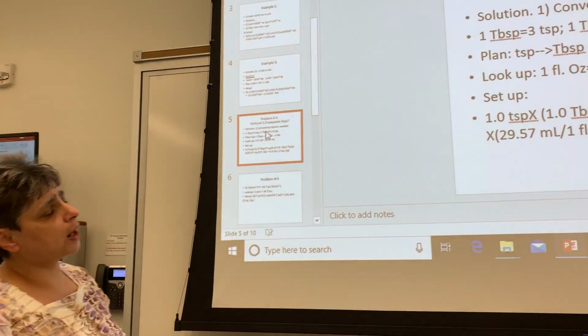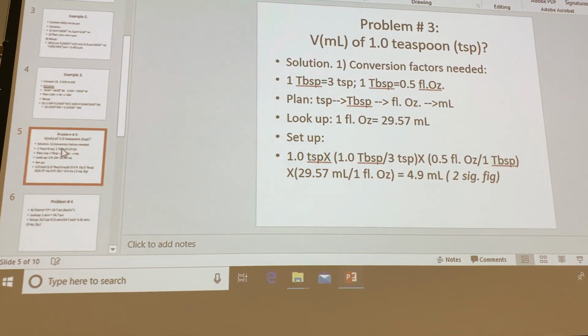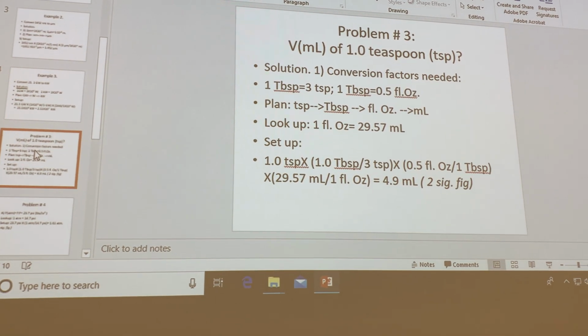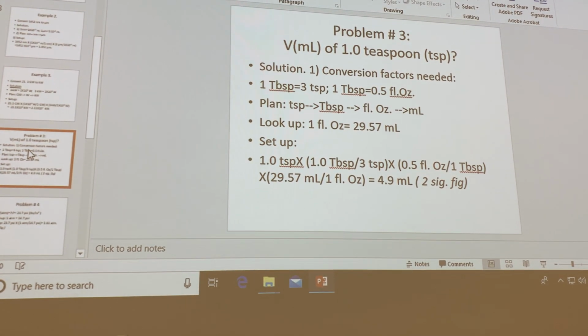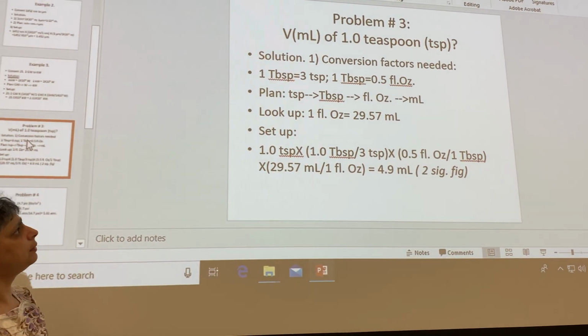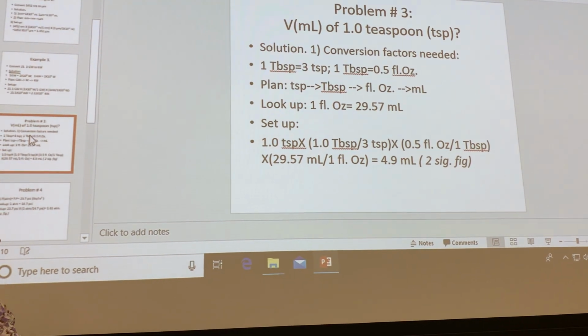So now we're looking at problem number 3 from your problem set, and it's under part E of your report. And here you are asked to find volume in milliliters of 1 teaspoon. The problem provides some, but not all, necessary conversion factors.